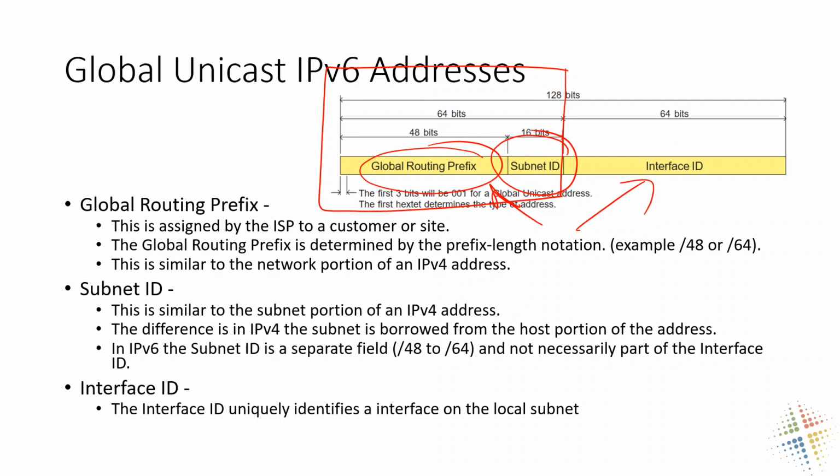So we don't have to start stealing from one network or another. We don't have to start borrowing bits from our host addresses in order to create a subnet. We simply ask for a large enough network from our ISP, and then we use what's left over for our subnet ID. We'll talk more about that shortly.